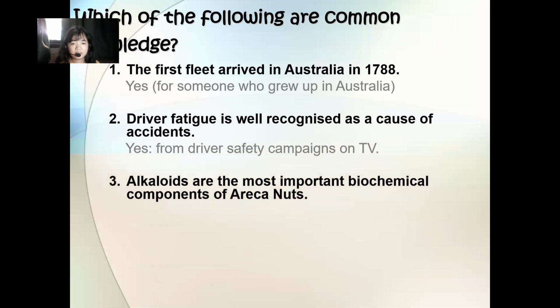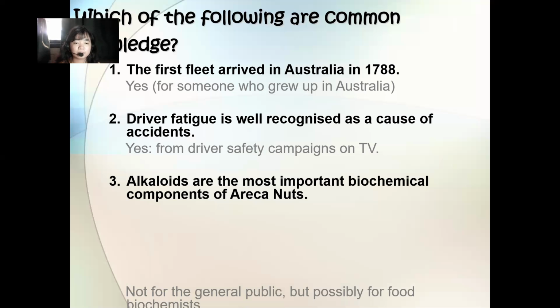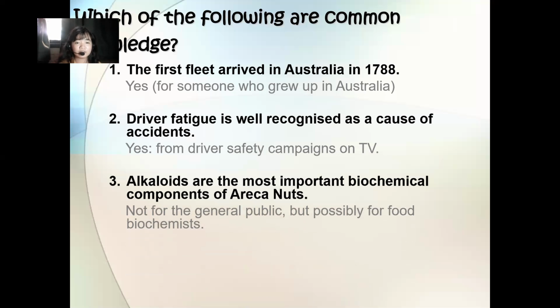Number 3, alkaloids are the most important biochemical components of areca-nuts. Is this common knowledge? Okay, correct, no. If it's for the general public, then that is not common knowledge. But for food biochemists, it will be common knowledge for them.